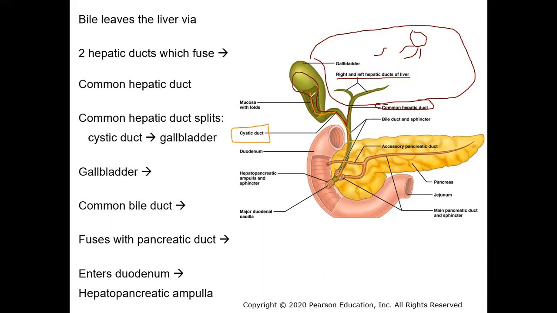But in general, most of the bile salts are going to be stored in the gallbladder and secreted through the cystic duct to the common bile duct. The common bile duct fuses with the pancreatic duct right here at the hepatopancreatic ampulla.